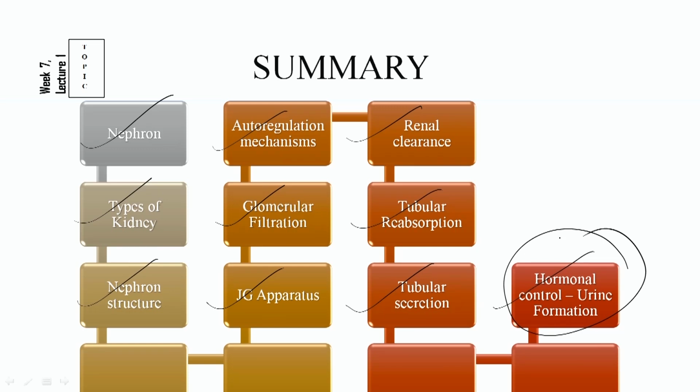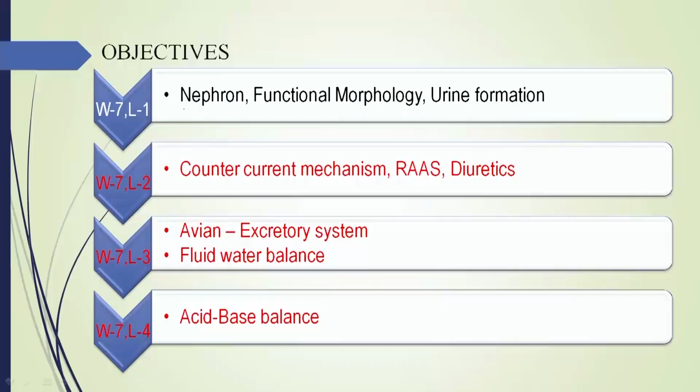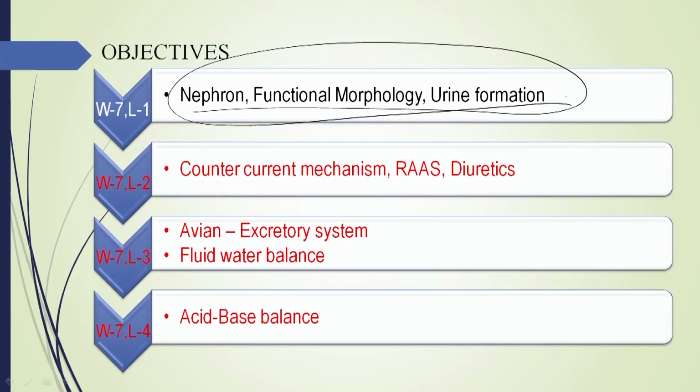So with this, I'll end today's lecture, where we discussed the total nephron functional morphology and urine formation. And in the next class, we'll see the countercurrent mechanism, the RAS mechanism, as well as the diuretics and their classification. Thank you.